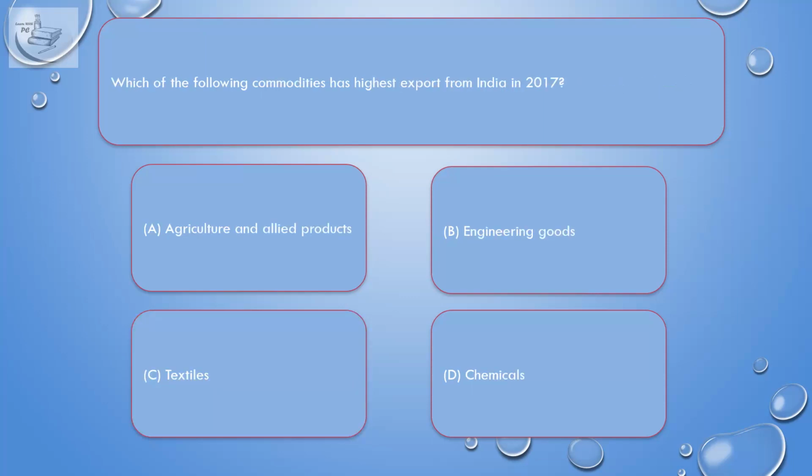Question: which of the following commodities has highest export from India in 2017? A. Agriculture and allied products. B. Engineering goods. C. Textiles. D. Chemicals. Correct answer is B. Engineering goods.